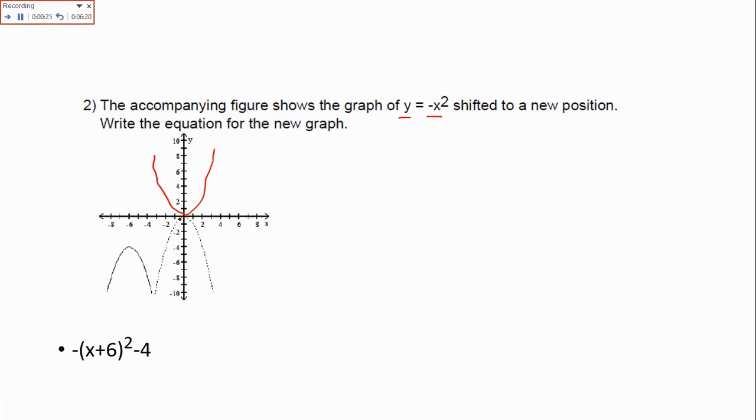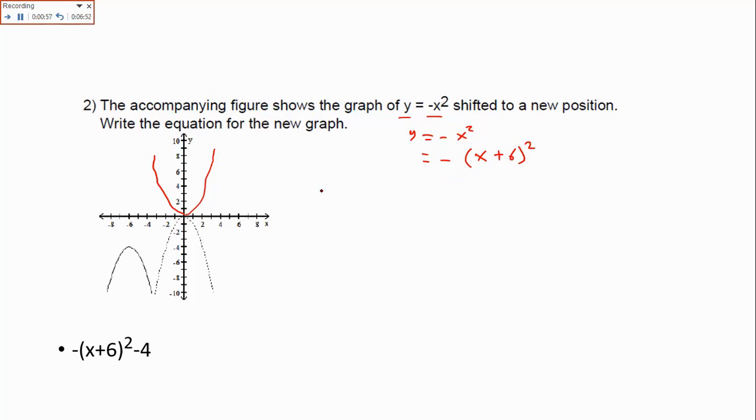So you can see that first of all, it was shifted to the left by 6 points. That means instead of x squared, you put x plus 6 all squared. If you want to shift it to the left, you just add 6 to x and then put the square.